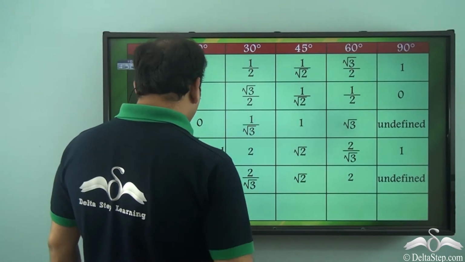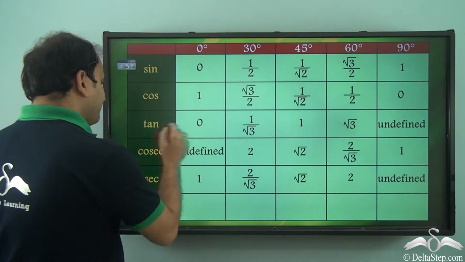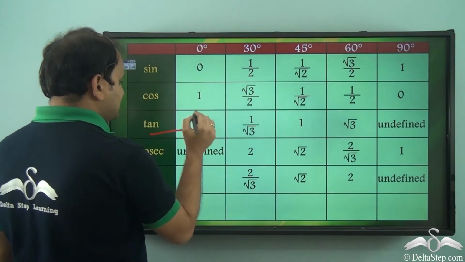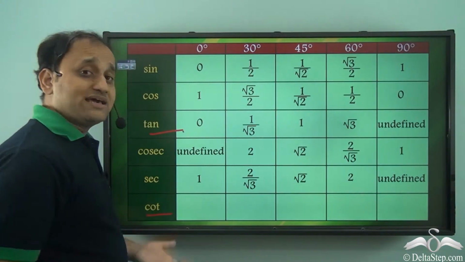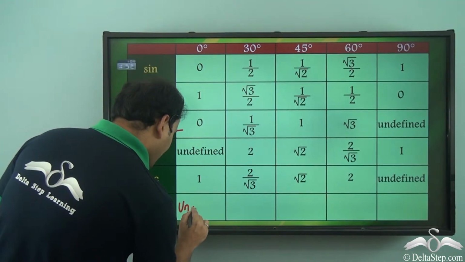Next come to cot. Now cot is the inverse of tan. That is, if we have tan 0 degrees is 0, then cot will be 1 by 0. Now 1 by 0 is undefined as we know. So this is undefined.